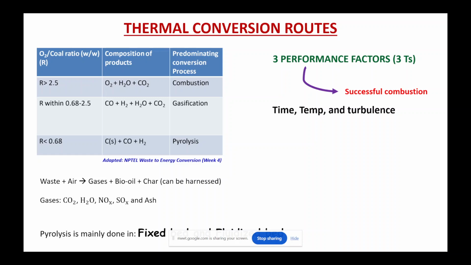We discussed how the value of R, which is nothing but the oxygen to coal ratio, or you can also say oxygen to biomass ratio, affects the kinds of products that get generated out of the process. And we also discussed how, by varying the oxygen to biomass feed ratio, we can alter the composition distribution.